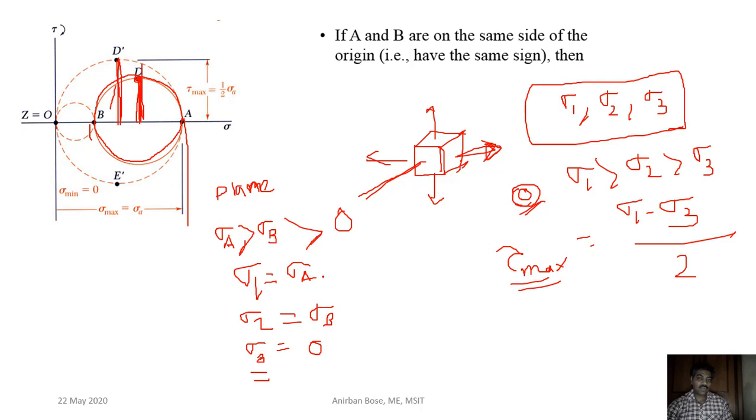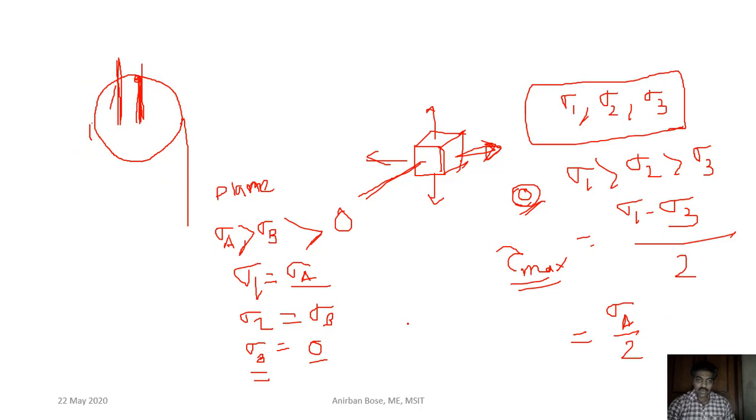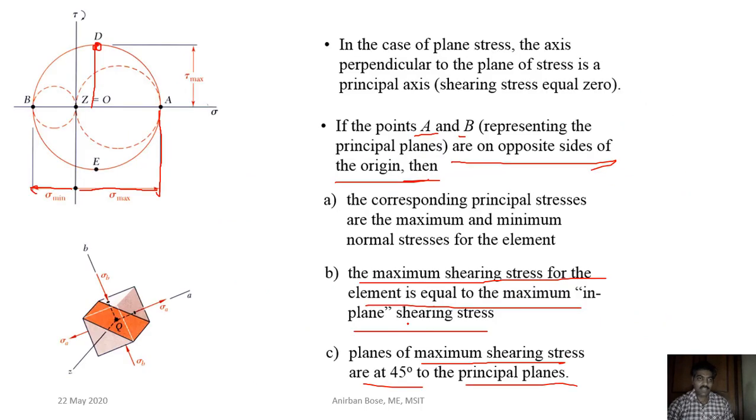The maximum shear will be sigma A minus 0 divided by 2, that means sigma A divided by 2. So tau max will become sigma A divided by 2.